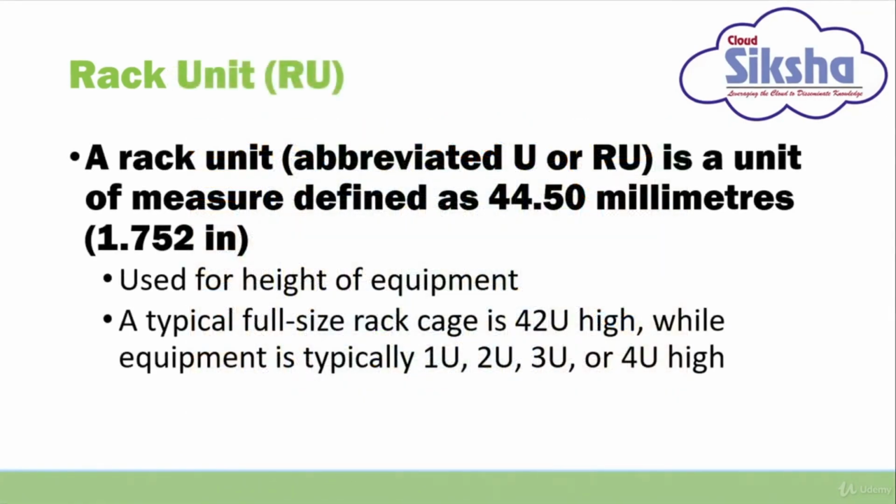A rack unit is defined as 44.5 millimeters or 1.752 inches in height. So the rack you saw is generally what is called a 42U rack. That means the total height of the rack would be 42 times 44.5 millimeters, more than 5 feet.